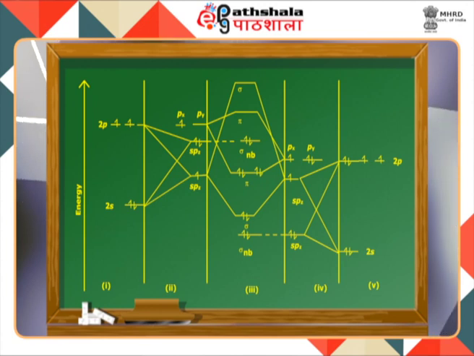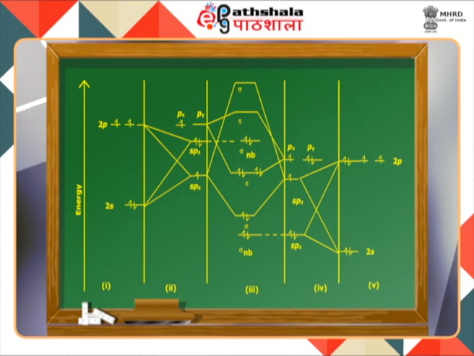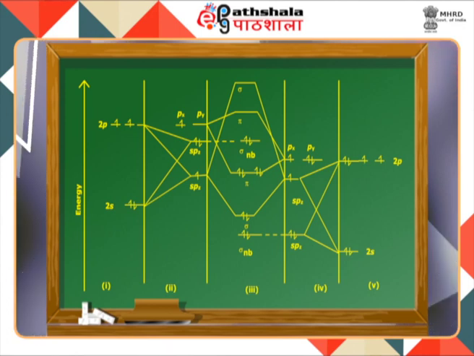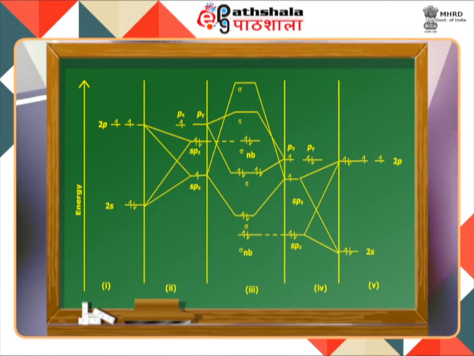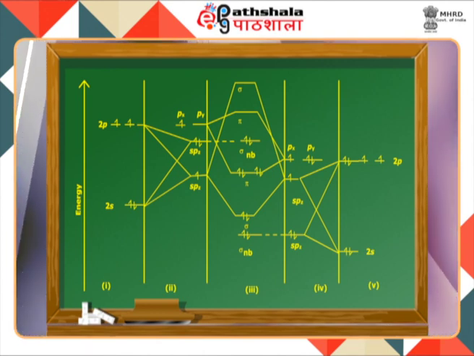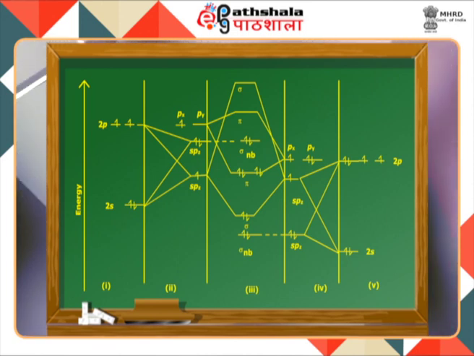Similarly, the 2py atomic orbital of carbon atom and the 2py atomic orbital of oxygen atom take part in linear combination forming bonding pi 2py and antibonding pi 2py star molecular orbitals. The sigma bonding and pi bonding molecular orbitals are polarized towards the more electronegative oxygen atom, while the antibonding pi star molecular orbitals are polarized towards the less electronegative carbon atom.